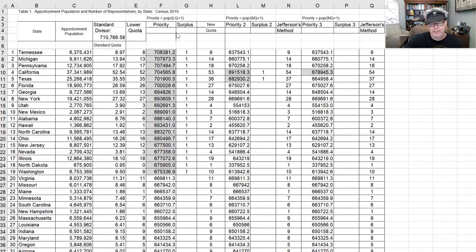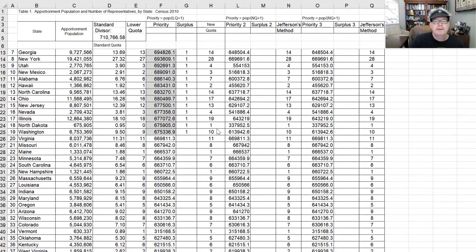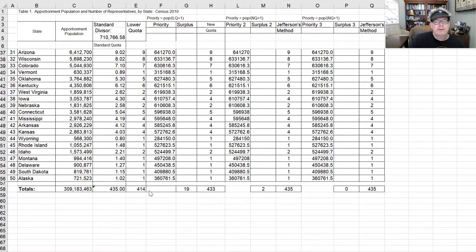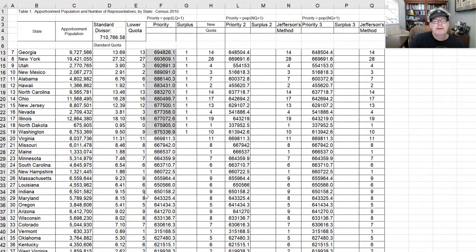And you round up otherwise, but it's impossible. So that's how you would find the priority. You divide the population by lower quota plus 1. And again, everybody with Jefferson's method does get at least their lower quota. So in 2010, you've given out 414 seats.